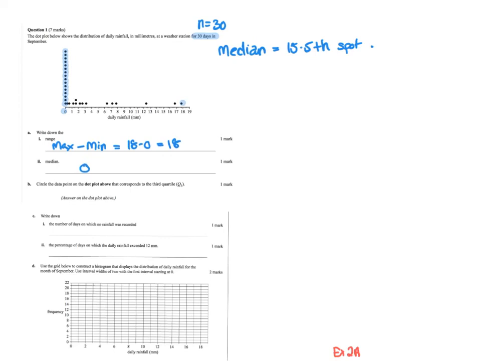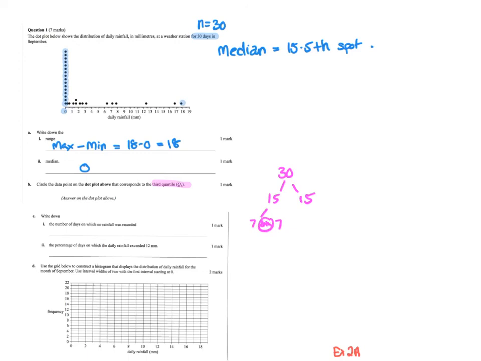Circle the data point on the dot plot above that is the third quartile. So just to make it a little easier, if I split 30 in half, I get 15 and 15. If I split that in half, wouldn't it be the 8th? 7 above, 7 below, yeah?